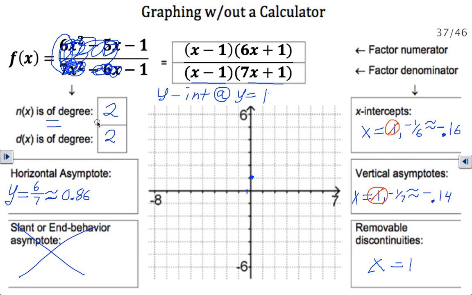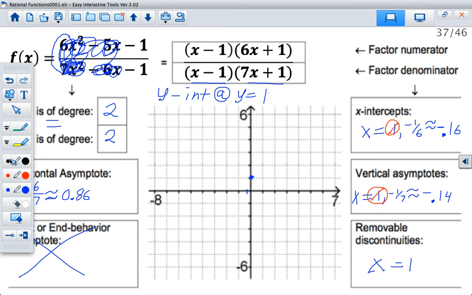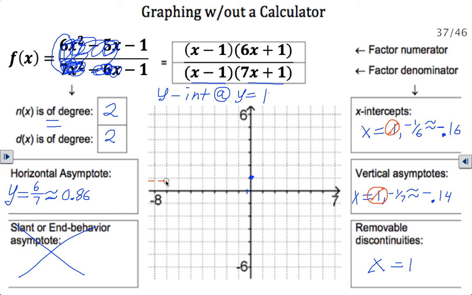And then let's go ahead and label our asymptotes. So at +0.86 is our horizontal asymptote. And then our vertical asymptote is at -0.14.